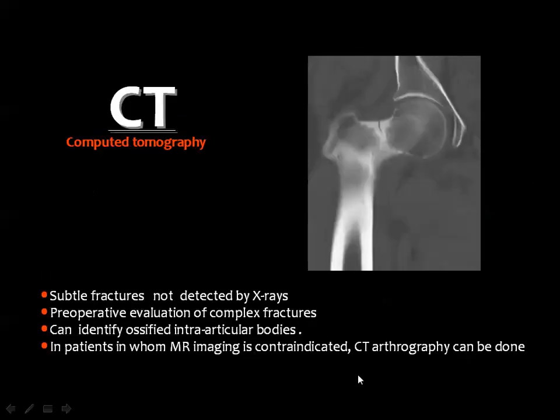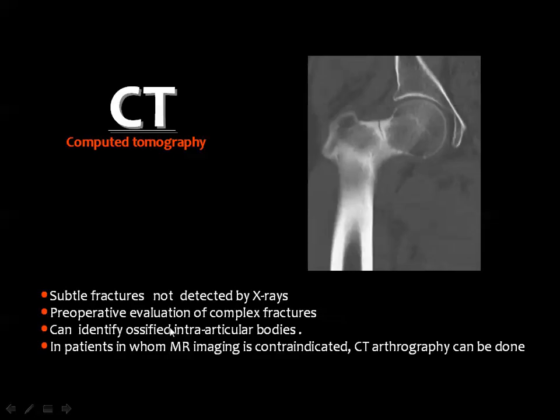tendon and muscle tears. CT is one of the important modalities for assessment of the skeletal system. It helps in the detection of fractures that are not detected or could not be detected by X-rays.